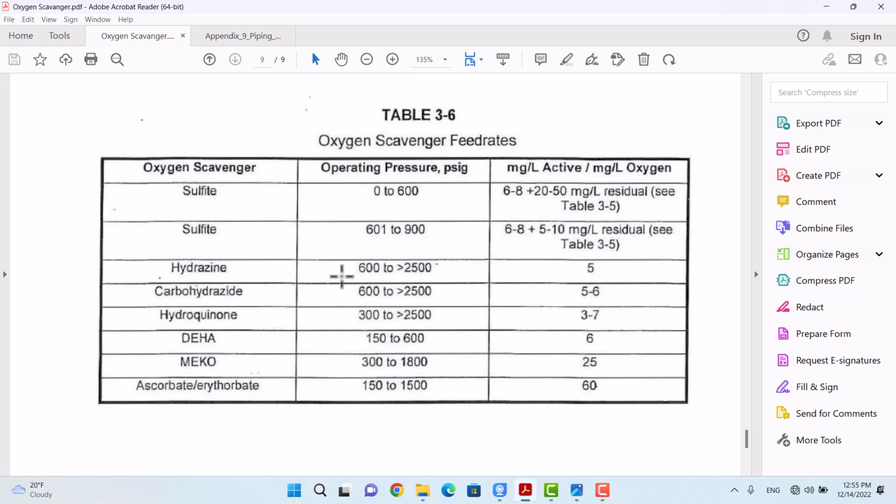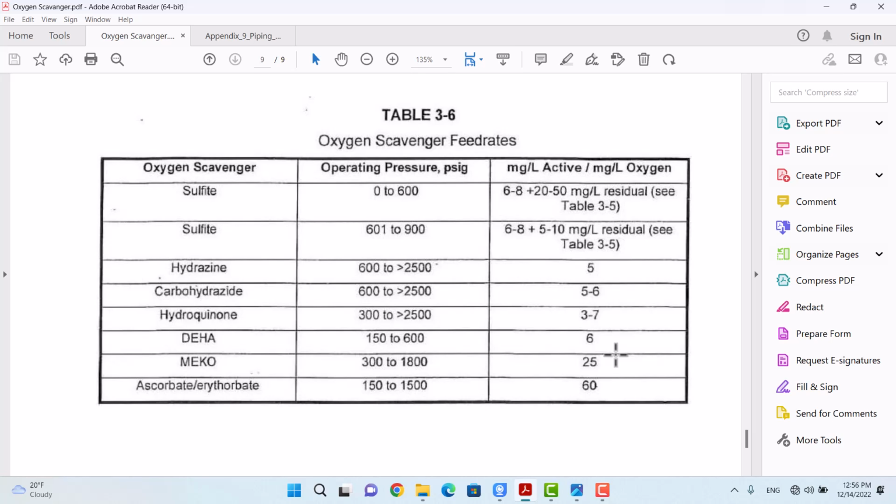And of course for higher pressure, it has good passivating properties, it's a good oxygen scavenger. And as you can see, there is not going to be that much difference between the consumption rate of carbohydrazide and DEHA. And of course I've seen the trend in nearby companies that they use carbohydrazide, and they are extremely satisfied with its performance.